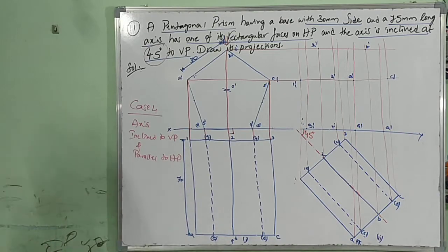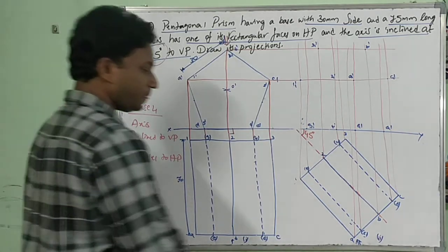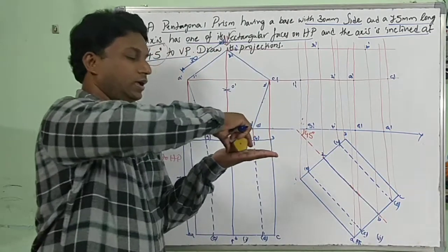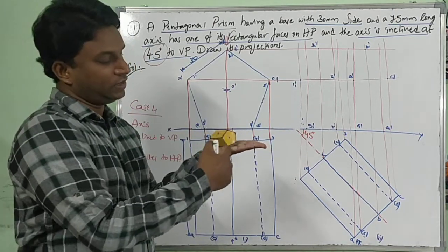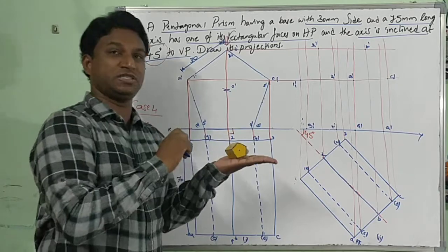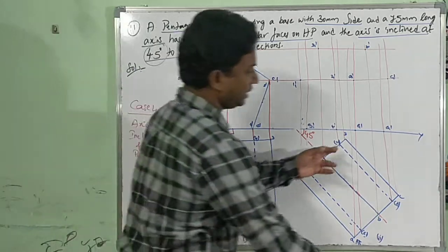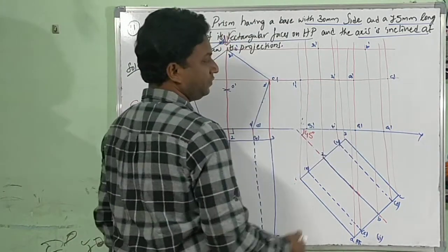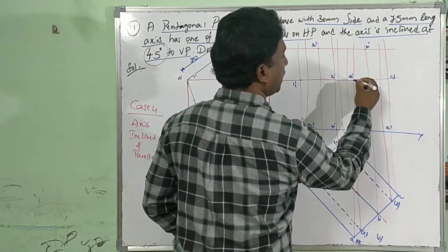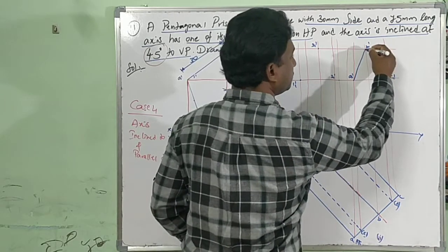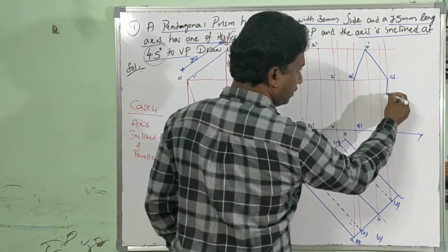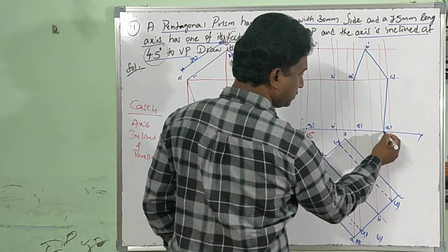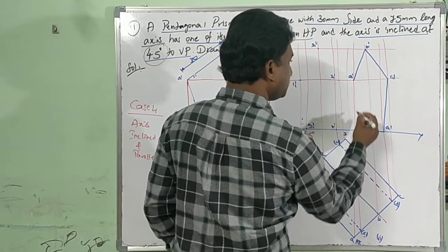I have drawn the points. Now it is clearly understood that at 45 degrees, when you are looking from this pentagon base, the shape is clearly visible, which is here A, B, C, D, E, F. So for that A1 dash, B1 dash, C1 dash, D1 dash, E1 dash.